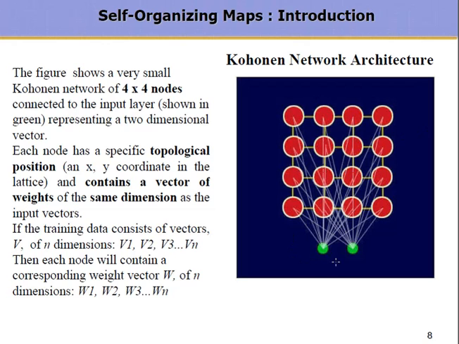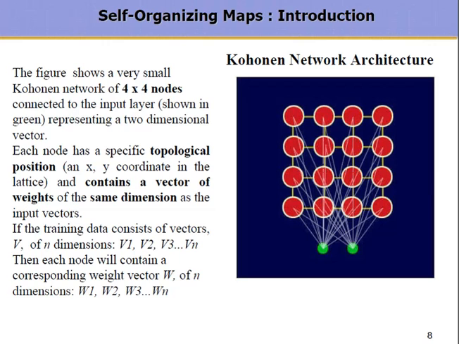The input layer is shown here in green color, and you can see that there are two neurons in the input layer, and the two neurons are fully connected to each neuron present in the output grid map. So each node has a specific topological position and xy coordinate in the lattice or in the grid.